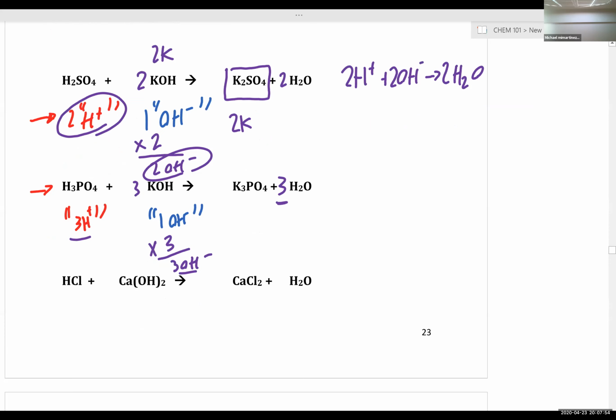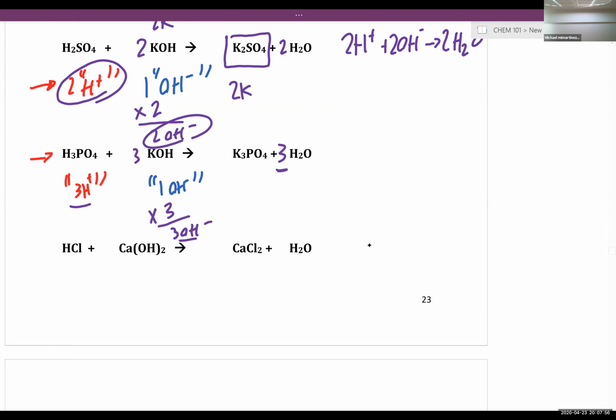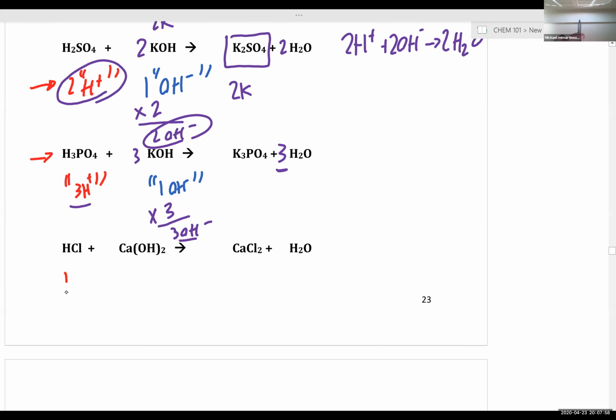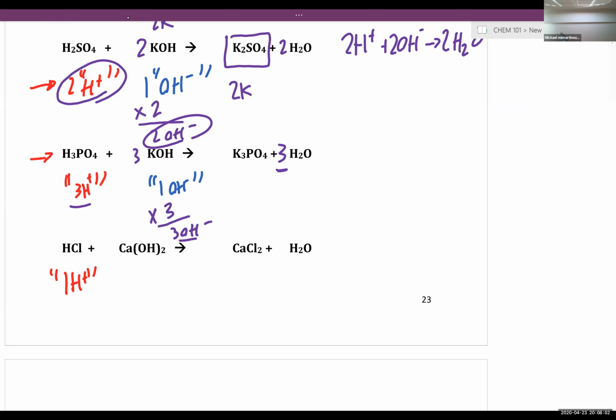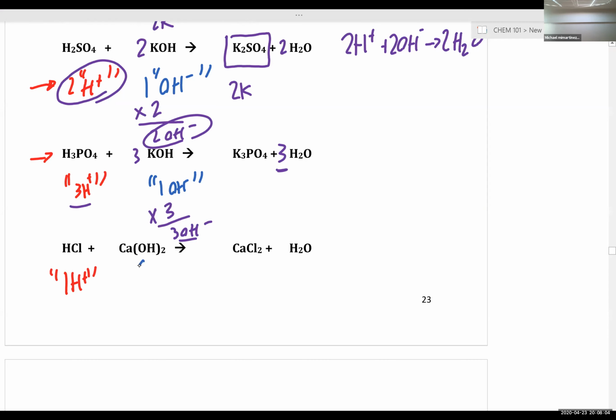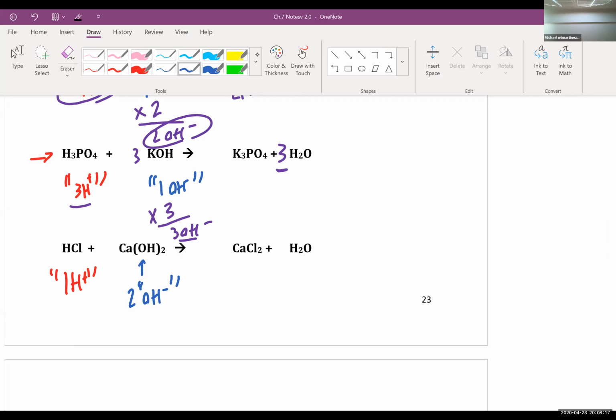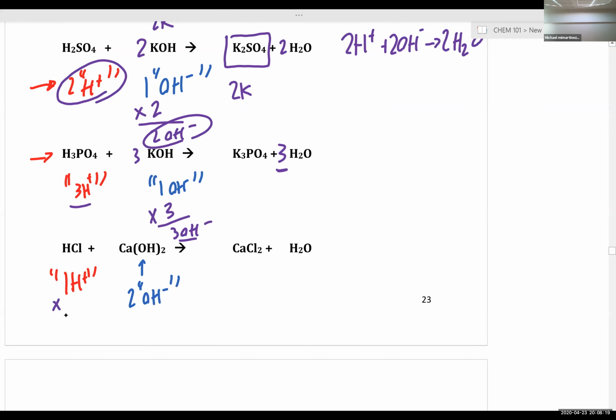Let's do one more just to drive this point home. In HCl, we already established it has 1 H+ equivalent. And looking at calcium hydroxide, how many hydroxide equivalents do we have? 2. Okay. So then what has to happen to our coefficient in front of HCl?